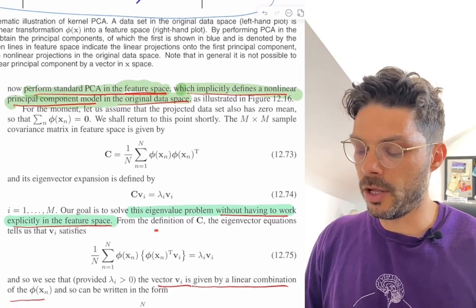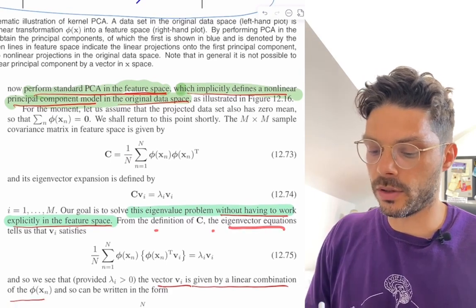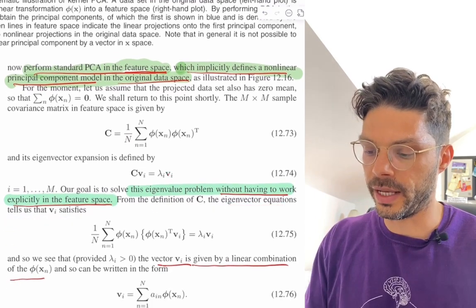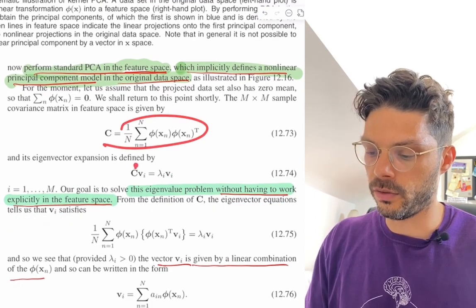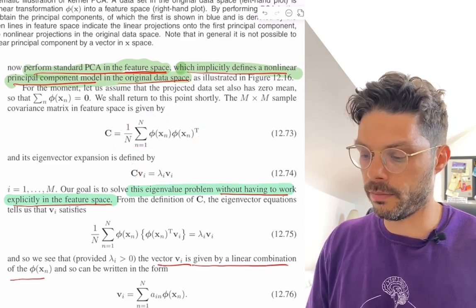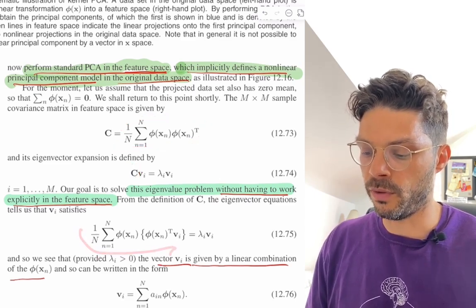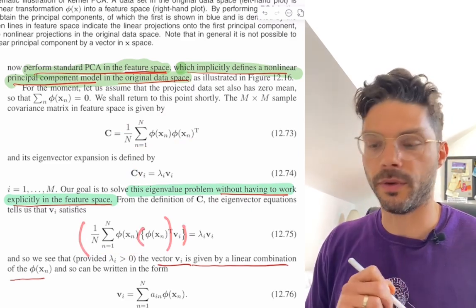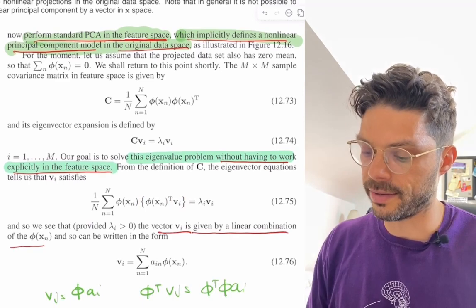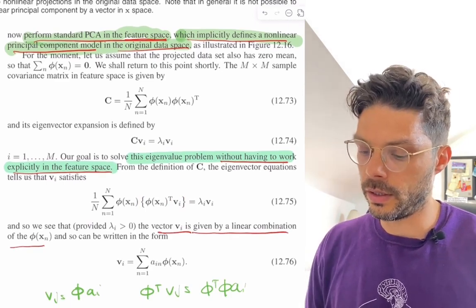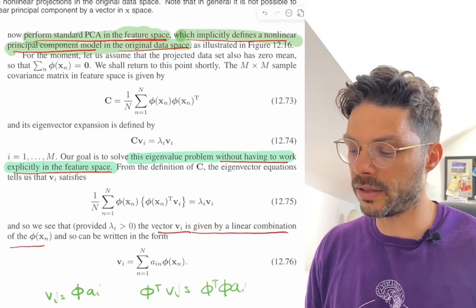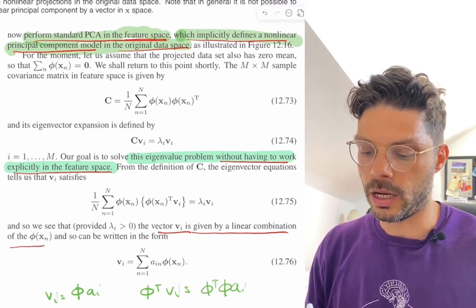Now, from the definition of C, the eigenvector equations tell us that v_i is given by this. We just literally plug C into here, and that's what we get. We've just split it up, and now you notice that, provided lambda is greater than 0, the vector v_i is given by a linear combination of the phi of x of n.